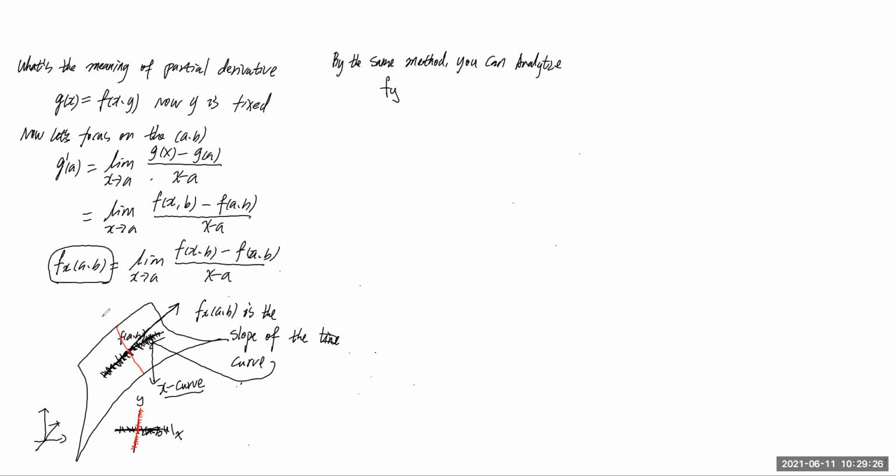Now I give it a name, Y curve. And then by what we know before, this Fy is just the slope of the tangent line. So this is the geometric meaning of the partial derivative. Okay, that's what I want to say for the derivative.